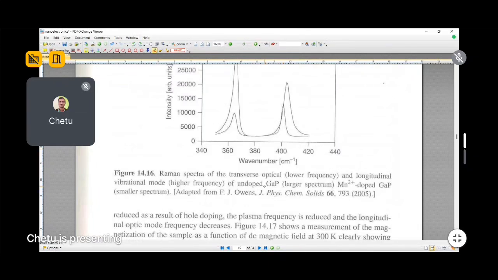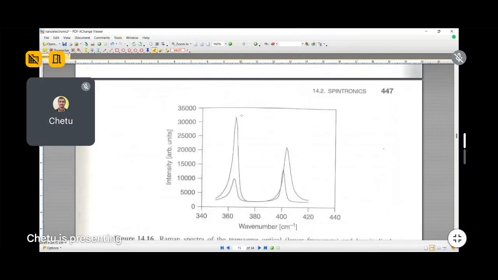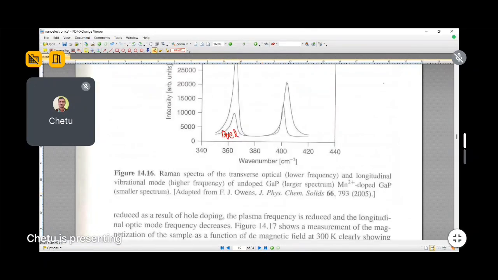The larger spectrum is for the undoped, pure one, and this one is the doped one. So the smaller spectrum is for the doped one and the larger spectrum is for the undoped.